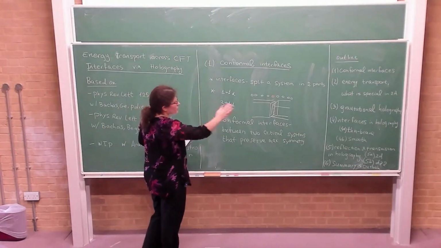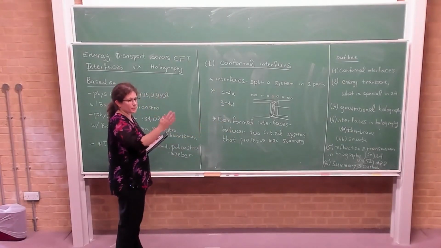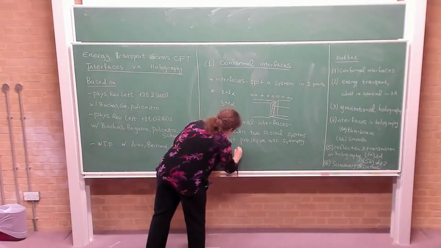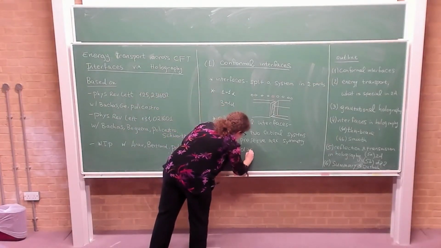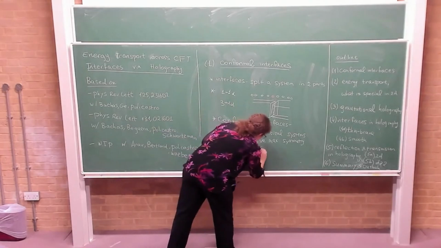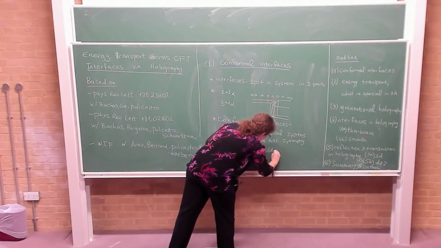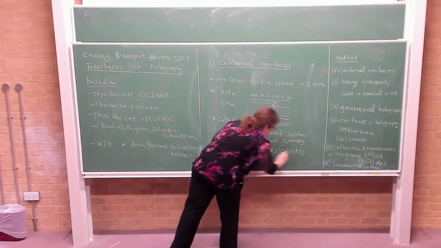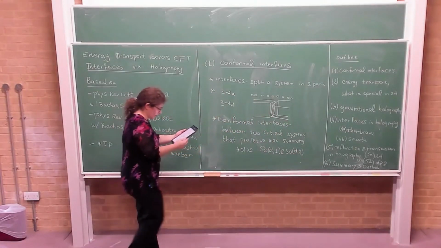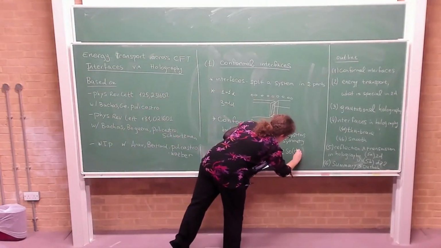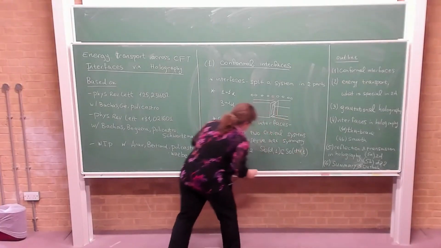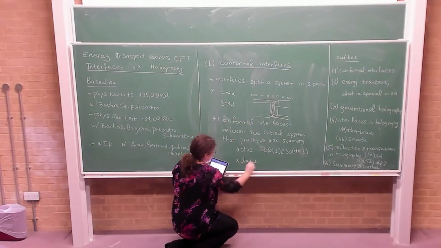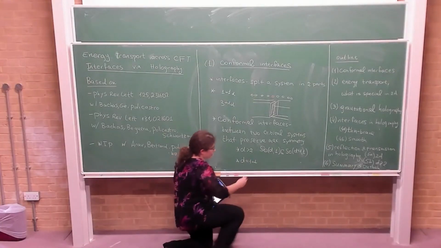So of course, since the wall is there or the impurity is there, that can't be the full conformal symmetry, but it can be a very large part. So in d greater than 2, that's an SO(d,1) from the SO(d+1,1) symmetry of the entire system. And in d equals 2, so 1 plus 1, that's one copy of Virasoro.